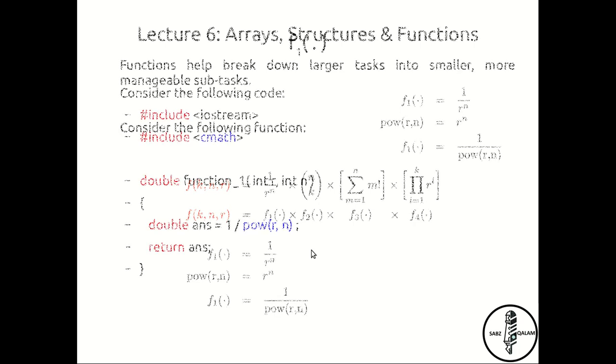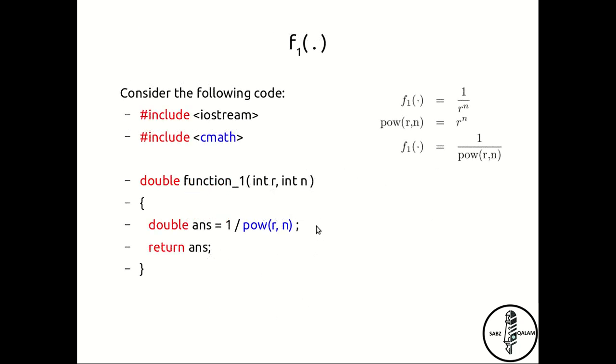So let's see how you would program something like this. Here the function has been represented again for instant reference. We see the function is 1 over power(R, n), so that tells us the function f1 requires 2 inputs, one is r, one is n, and that's what we see here.